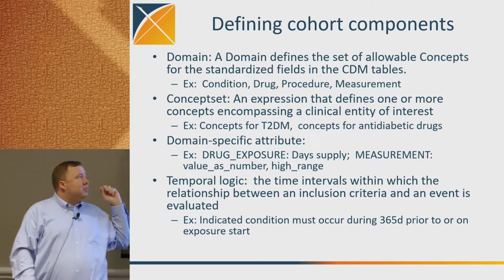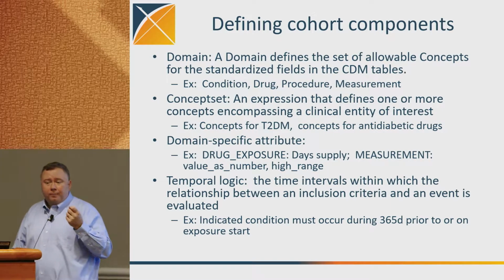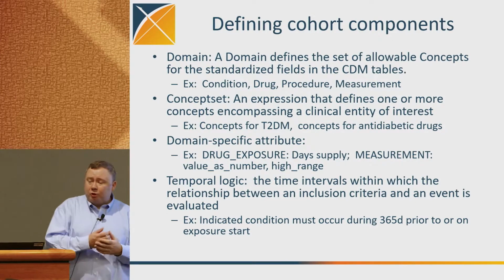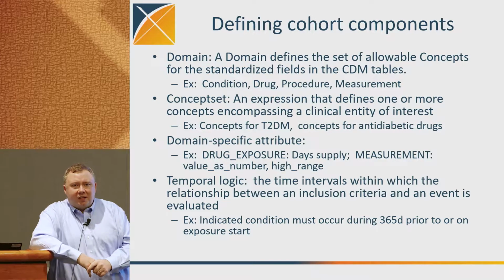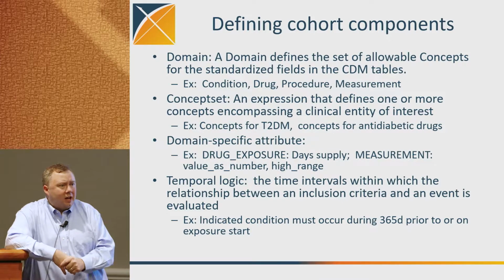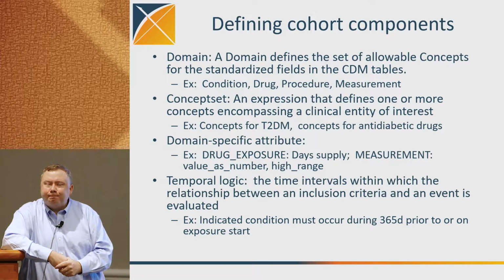Some of the domains have domain-specific attributes that you can make use of, and we'll use a couple of these as examples. For example, a visit. Something that's unique to a visit is the notion of length of stay. And that only applies to a visit. It doesn't apply to any other data domain. But you might say, I'm looking for a visit where I'm in the hospital for at least 7 days.